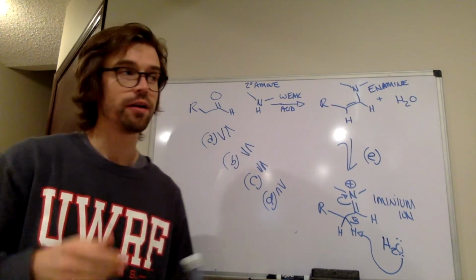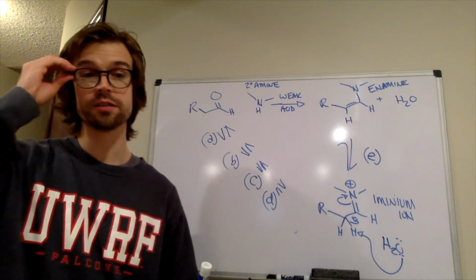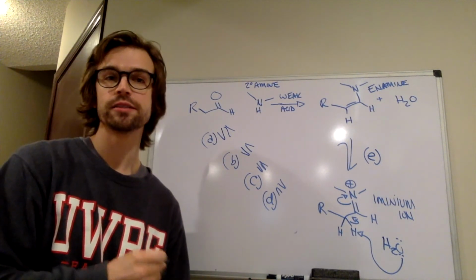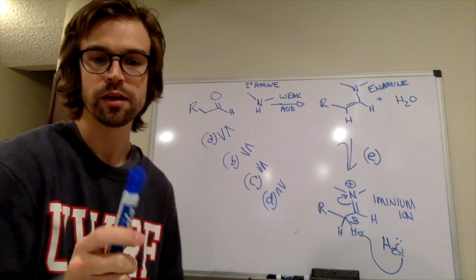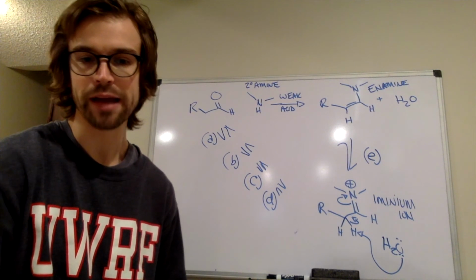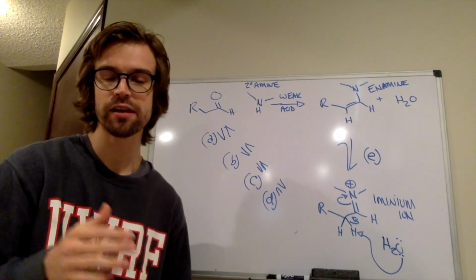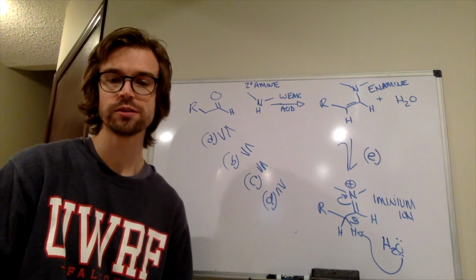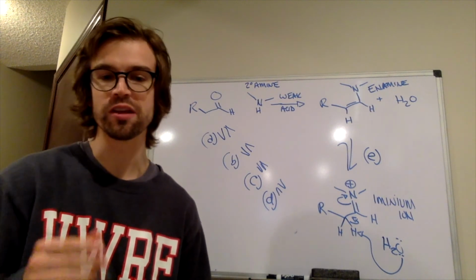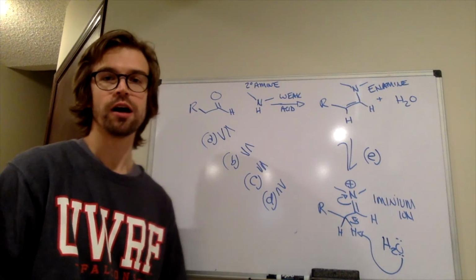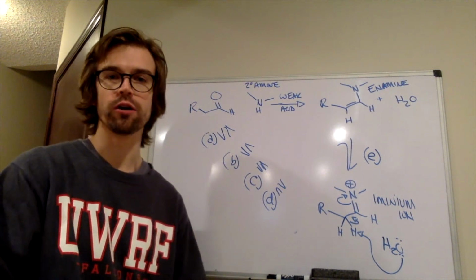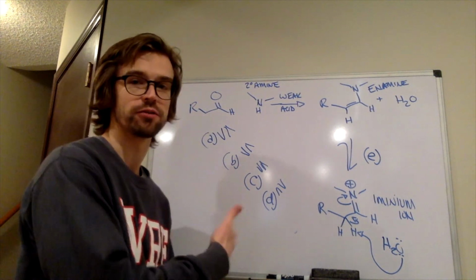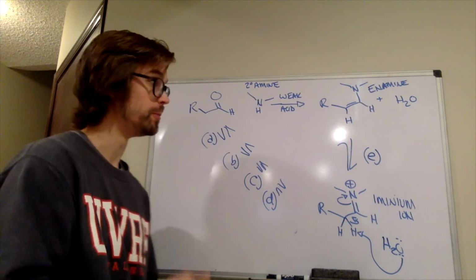Last thing about carbonyls with amines: we saw primary amines form the imine, secondary amines form the enamine. In your course packet, it says tertiary amines have blank with aldehydes or ketones. That blank should be filled with no reactivity. We have to have that nitrogen-hydrogen bond for productive reactions to occur.